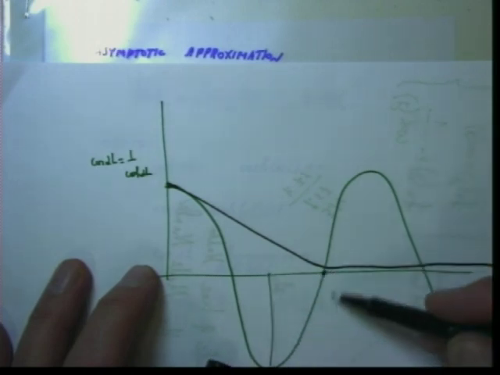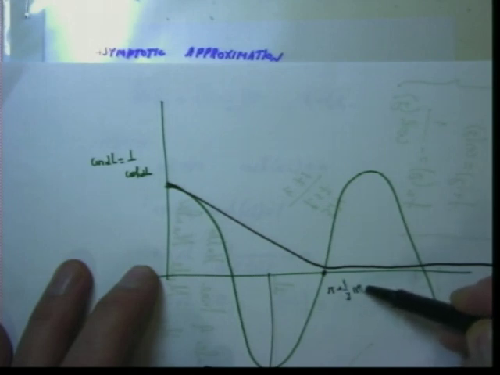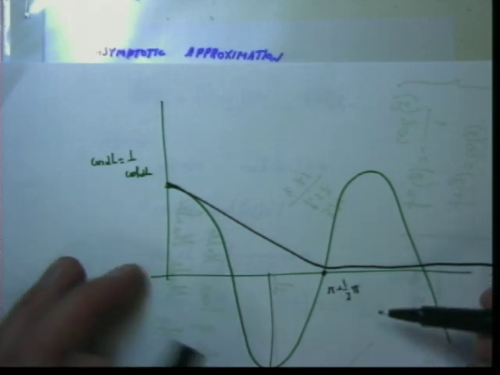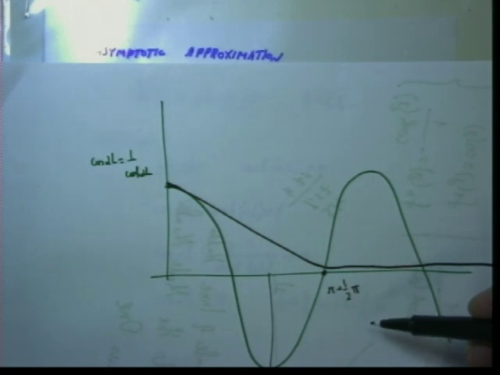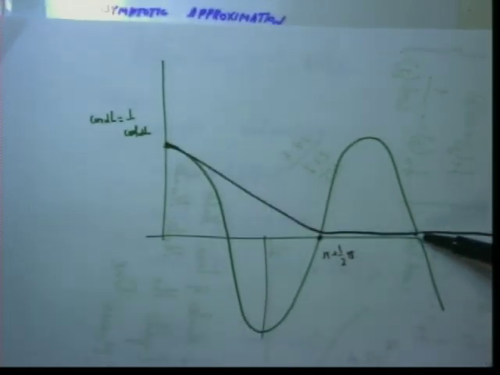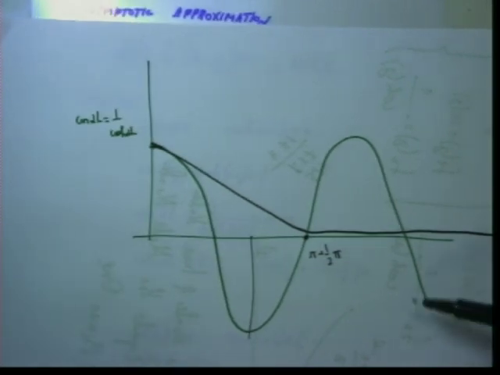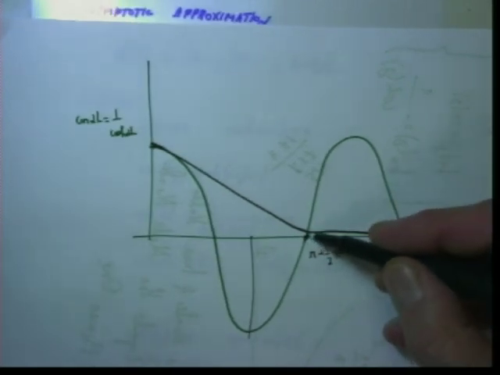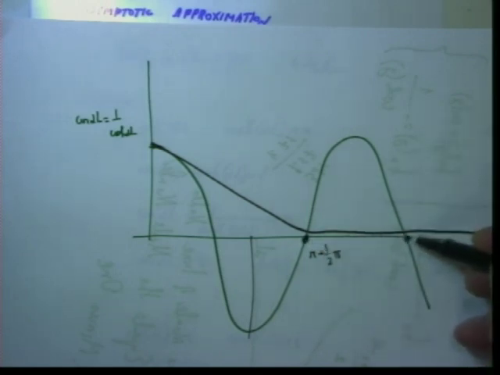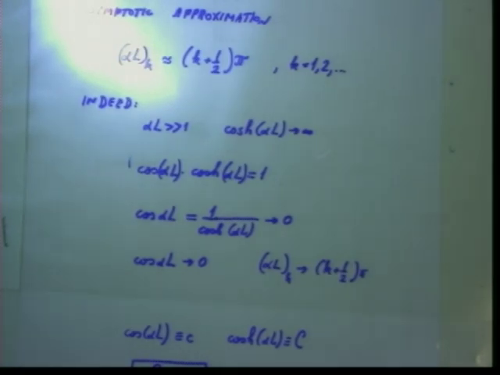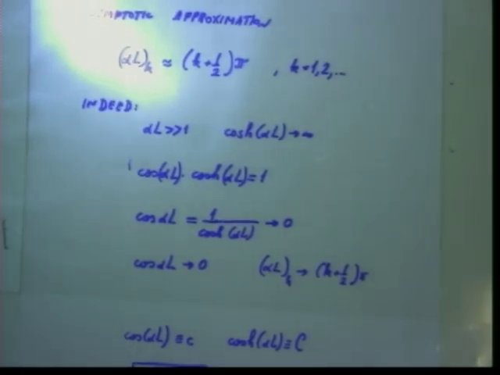So that is pi, and that is pi plus 1/2 pi, etc. Then this is the root, etc. So that is very close to the root of just the cosine function, because it is 1 over. Okay?